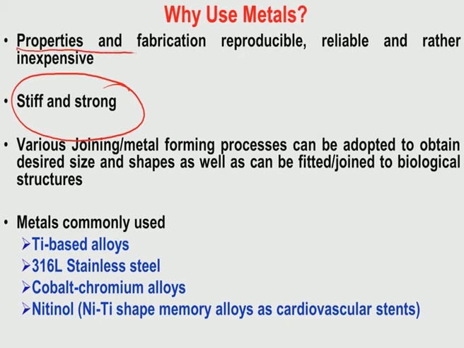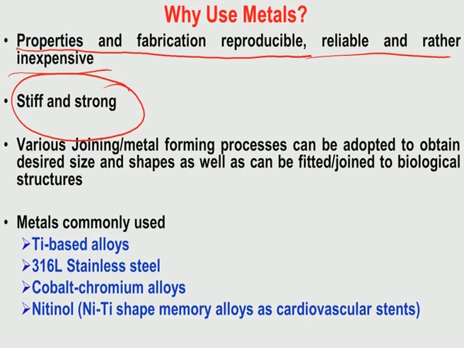The most important thing that perhaps gains a lot of clinical acceptance is that the properties of fabrication are reproducible. That means, if you take stainless steel materials from different sources, you can weld them, you can make a screw out of it, you can make a plate out of it, you can join it, and if it is the same grade of material, it will have reliable properties.